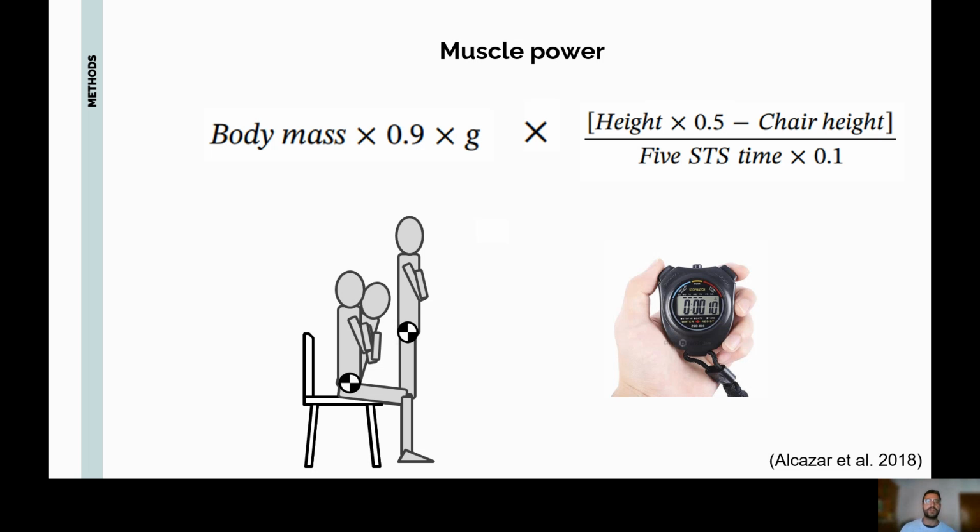Then velocity was measured through this equation that takes into account the height of the subjects, the height of the chair, and the time of the test multiplied by 0.1. This is just the time that it takes to get up one time, only the concentric phase of the muscle contraction. So as you can see, with a very easy way, we can assess muscle power.